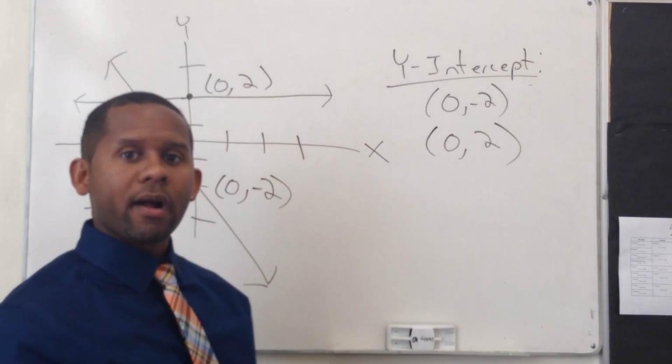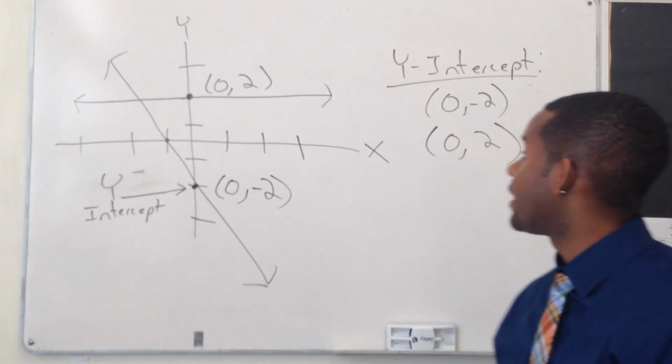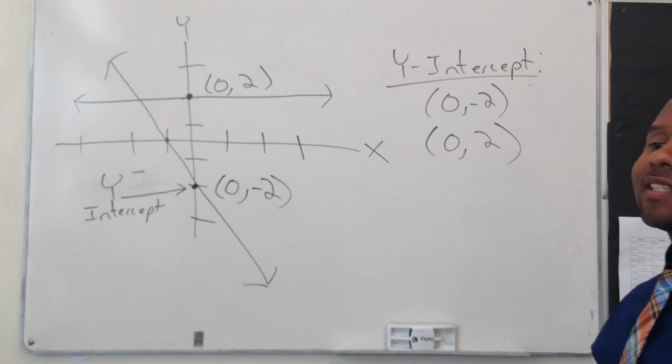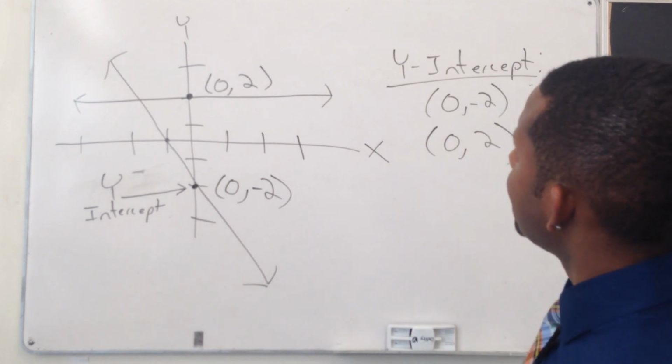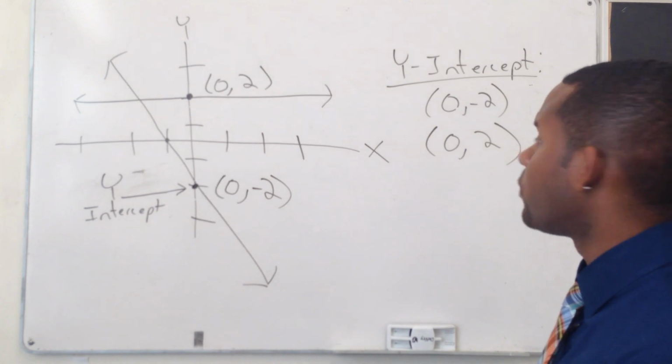What do we notice about the coordinates of the y-intercept? Hopefully you see it's the opposite of last time. Last time, anywhere you have an x-intercept, y is always going to be 0. Well, this time, anywhere I have a y-intercept, x is always 0.